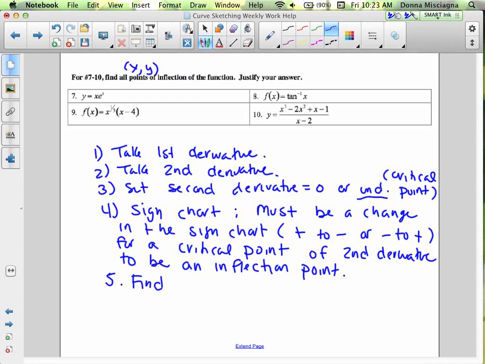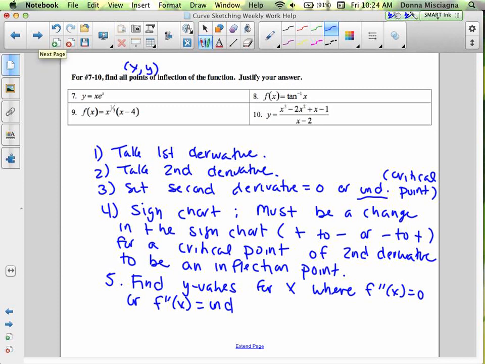So you're going to find the y values for x where f double prime of x equals 0, or f double prime of x is undefined. Right? And then by substituting into f, the original function.